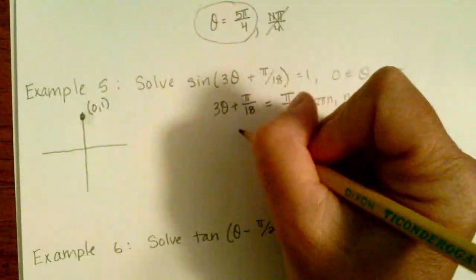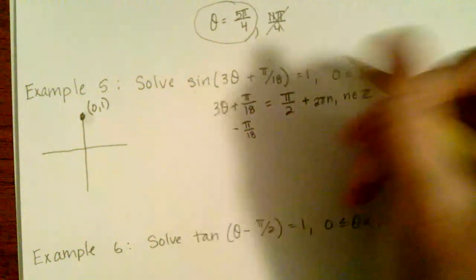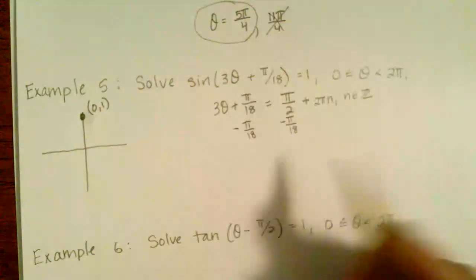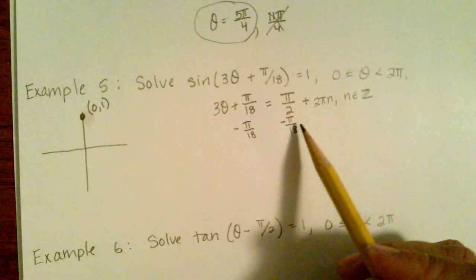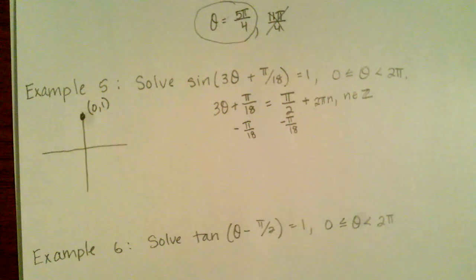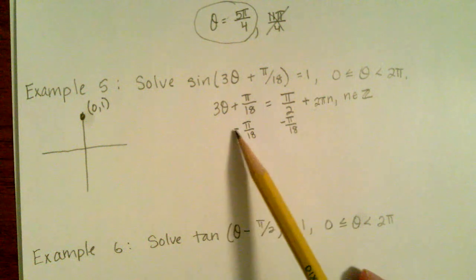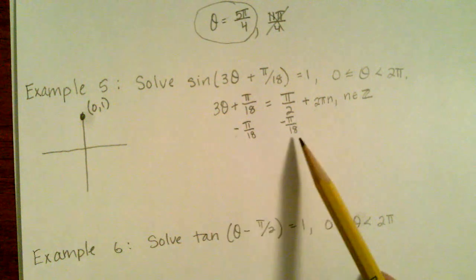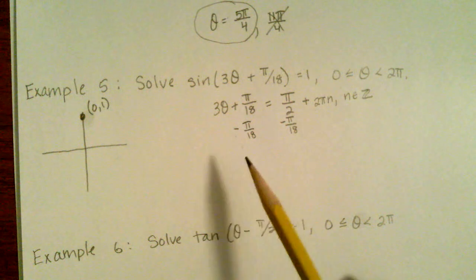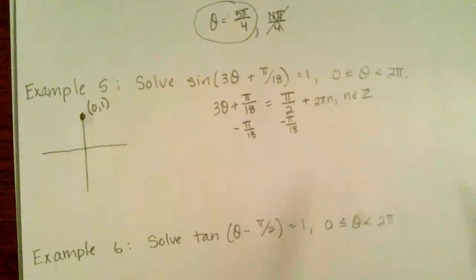Okay, so if I subtract pi over 18, sometimes people get confused here. You do not need to subtract pi over 18 to this 2 pi n. It's not a like term. When you add or subtract, you don't do it to every term, you do it once on each side. Same as with our linear equations. If you're multiplying or dividing, you do it to every term, but if you're adding or subtracting, you only do it once on each side.